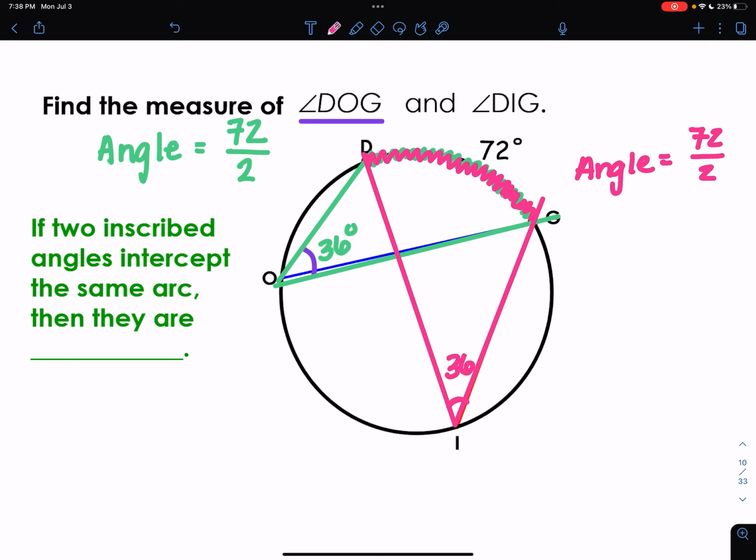This brings up a special property. If 2 inscribed angles, they have to both be inscribed, intercept the same arc, then they're going to be congruent. So if you ever see 2 inscribed angles intercepting the same arc, those angles are going to be the same.